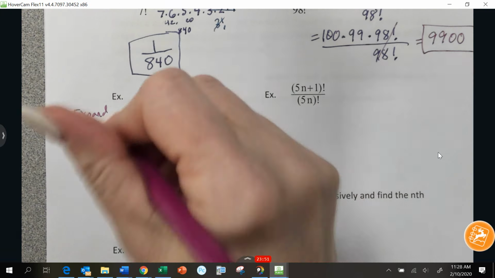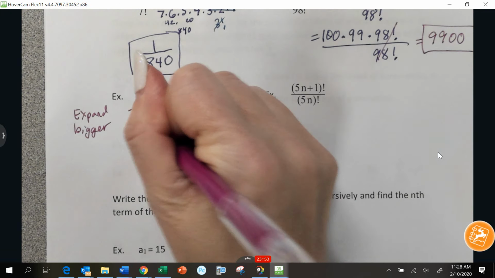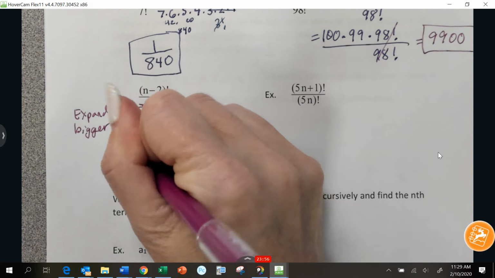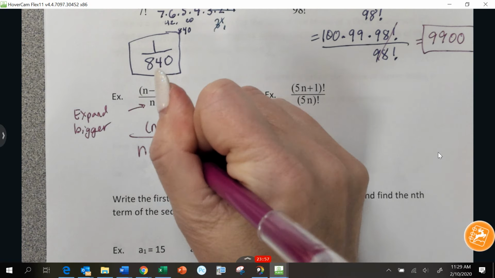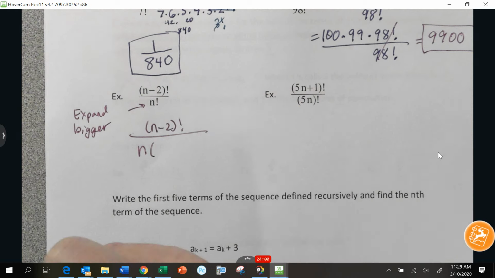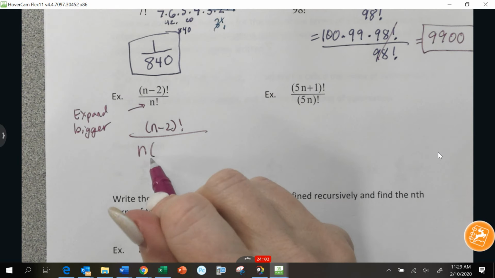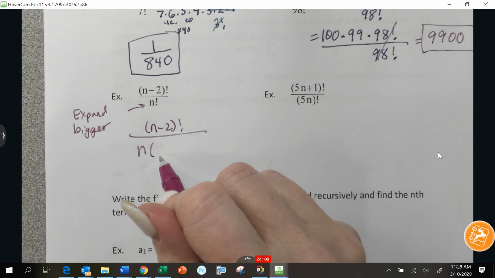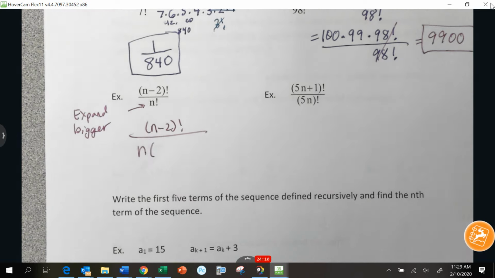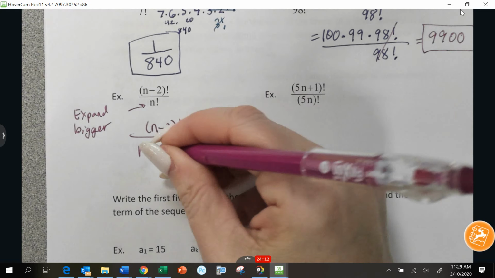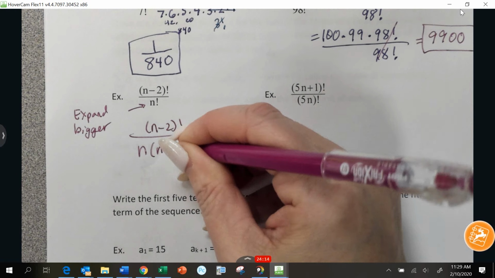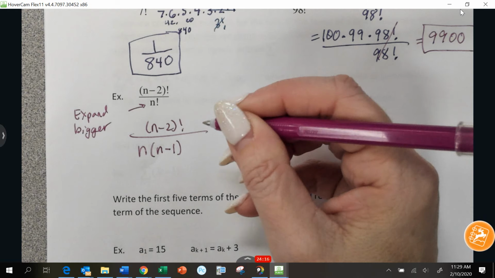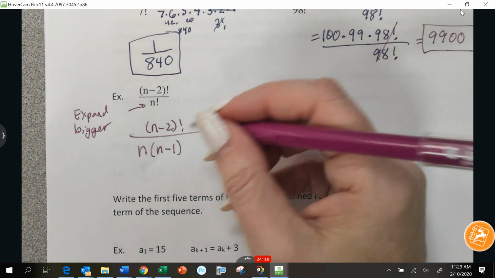So I'm going to start with n. And I'm going to multiply that by, what's the rule for factorials? What's the next number? It's n minus 1 for this, but why? What do the rules say to do? 1 less than the number itself.